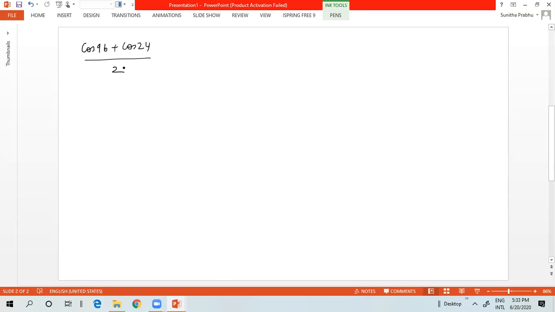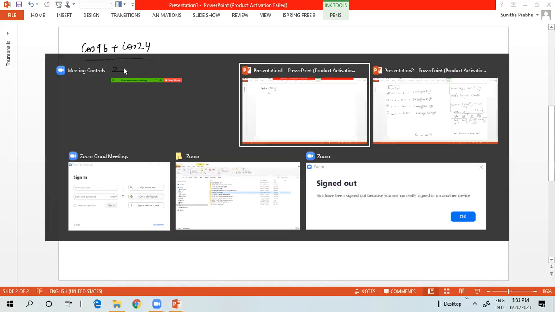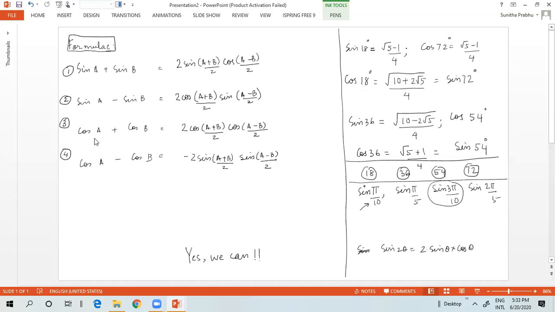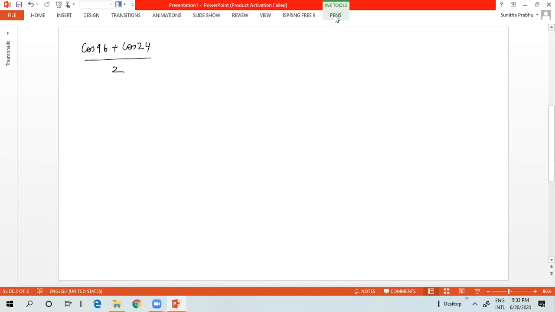Now what shall we do? We can use the formula for cos A plus cos B. That's why these formulas are there. If I use that, I get A plus B by 2, correct? Yes, sir. Let's use them and see what we get.